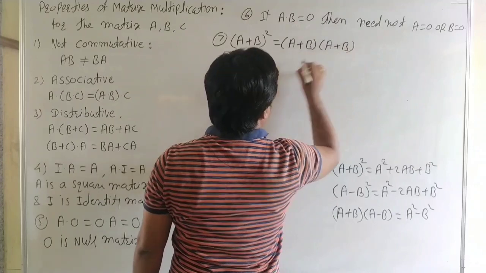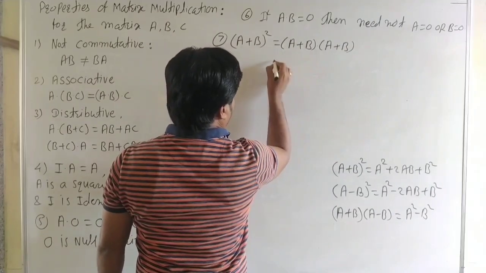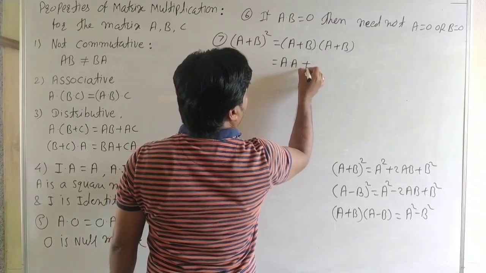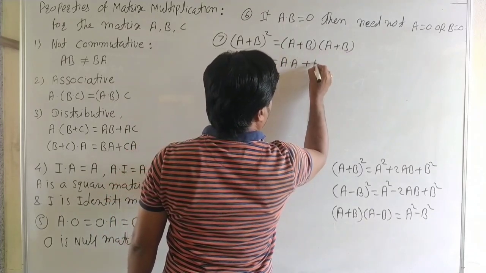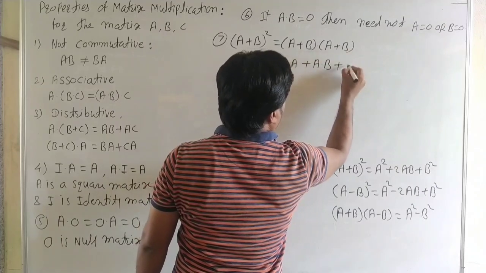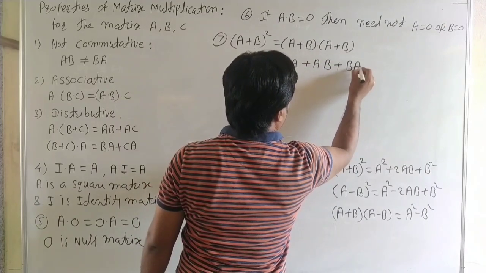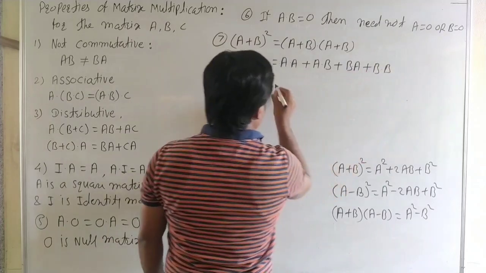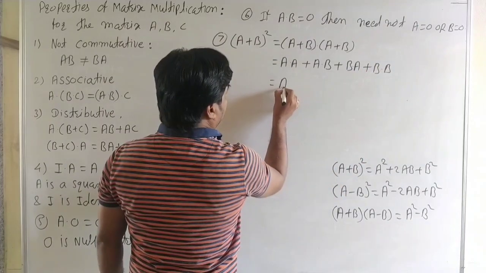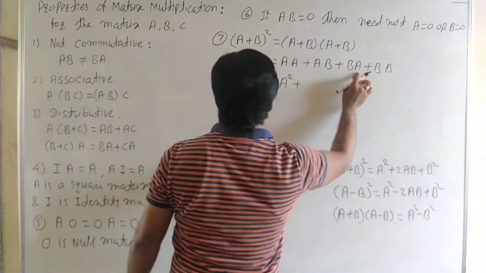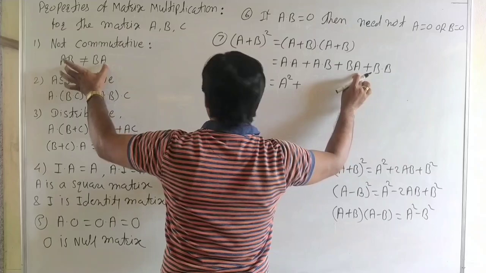It is a multiplication. Now we take the multiplication. Then it is A into A plus A into B plus B into A plus B into B. Therefore this can be written as A square plus A into B and B into A, which are not equal.